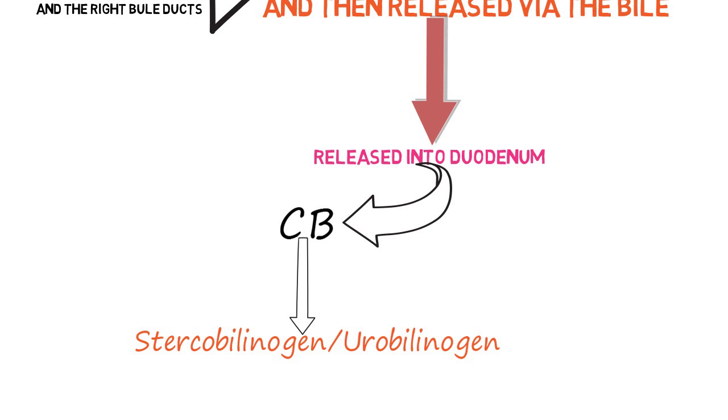This conjugated bilirubin is acted upon by the intestinal bacteria and is converted into what we call stercobilinogen or urobilinogen. Please note that stercobilinogen and urobilinogen are one thing only.